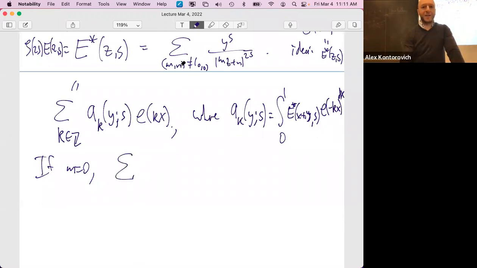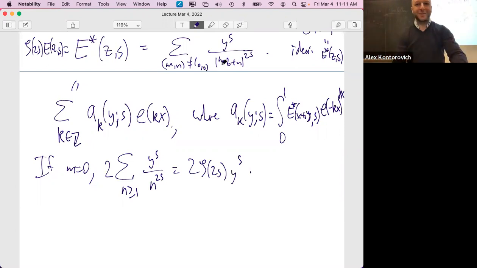So n ranges from 1 to infinity. The negative values of n contribute the same as the positive values, and I get y to the s over n to the 2s. So I get exactly 2 zeta of 2s y to the s.